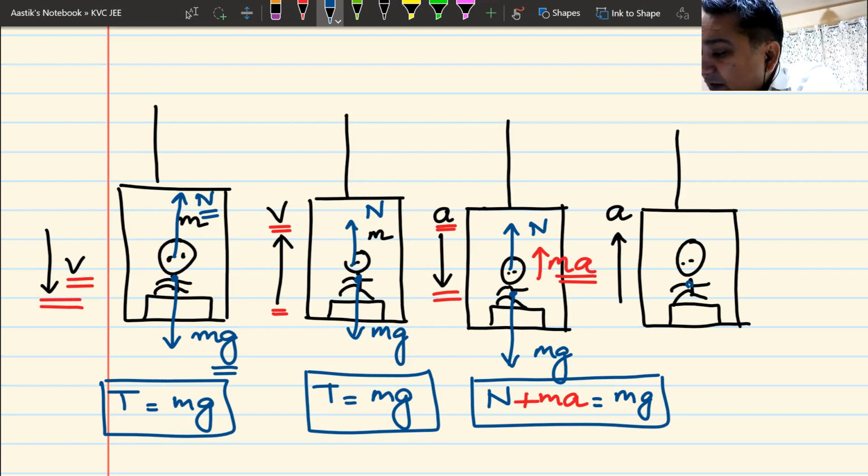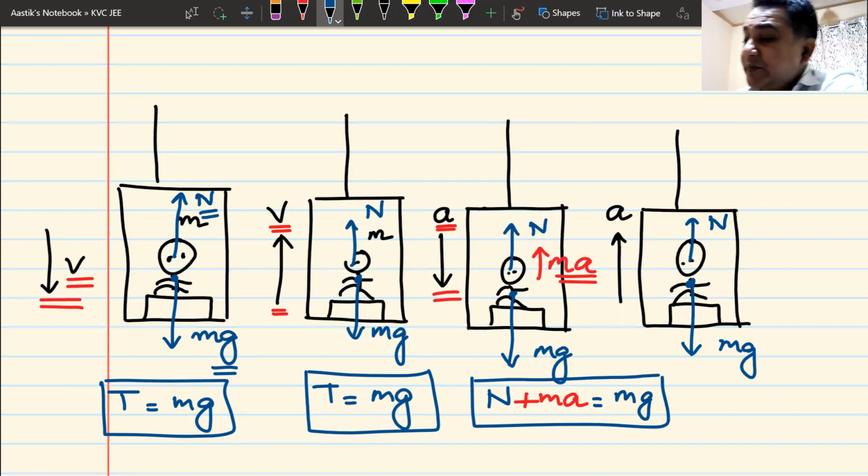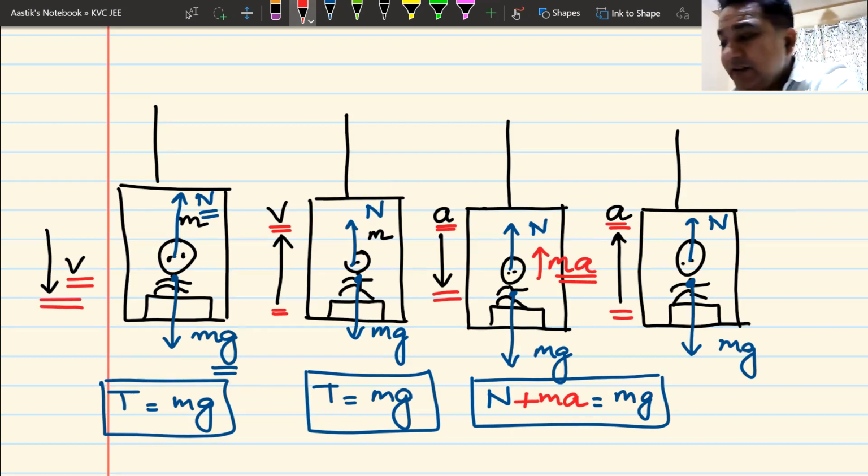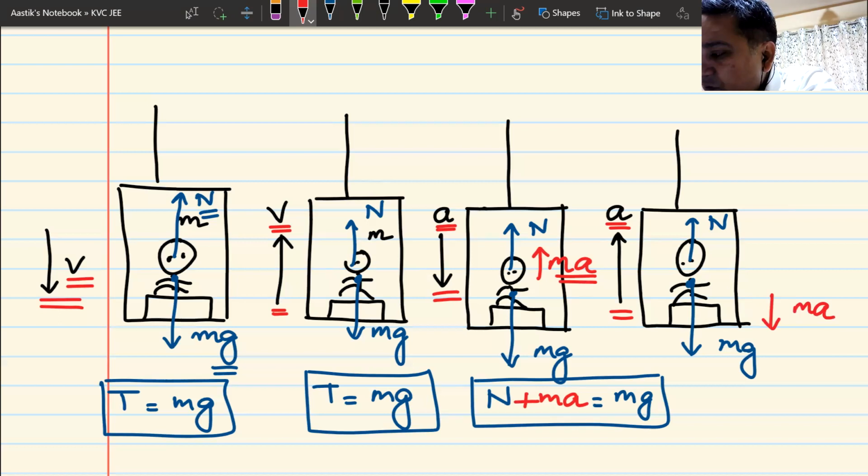What happens in the last case? Same thing happens. Mg is the real force, cannot change. Normal reaction is the real force, cannot change. But here, we are making the equation from the lift. Remember, we are making equations from the lift. This lift is a non-inertial reference frame. Acceleration is upwards. So pseudo force is downwards, and the value is m into a.